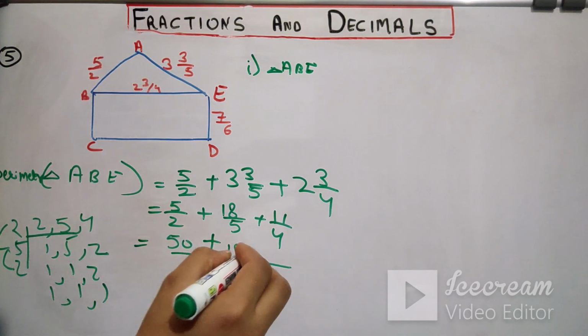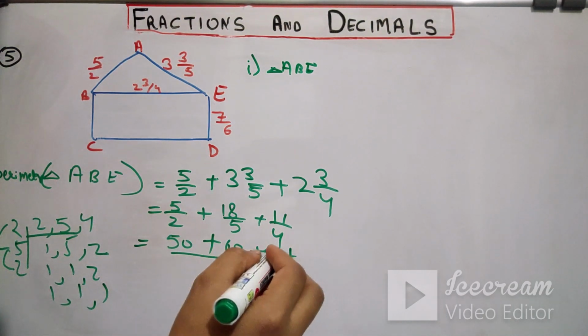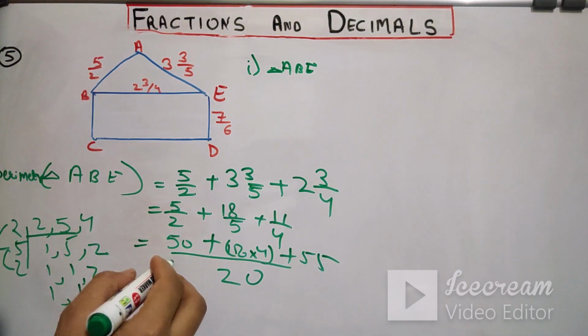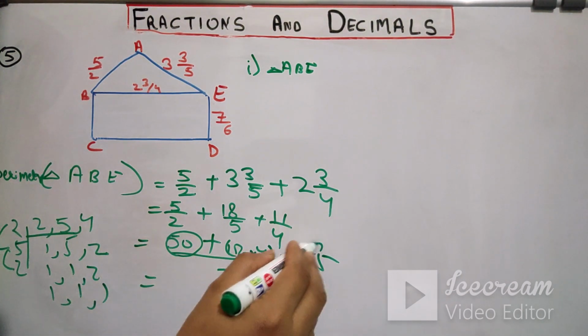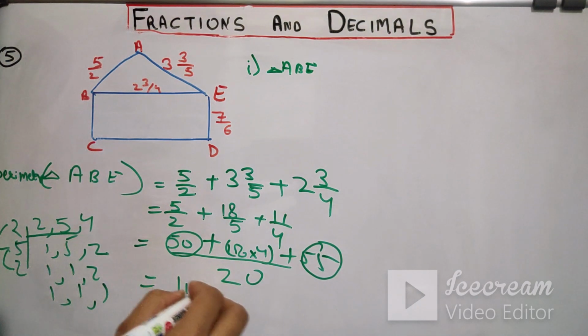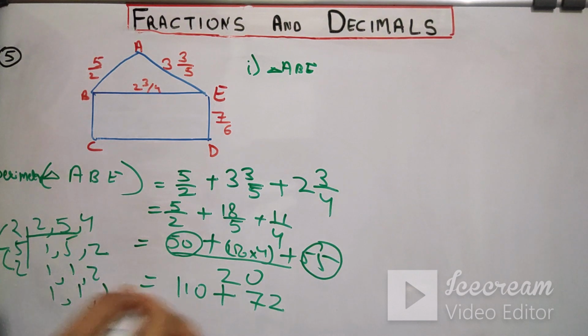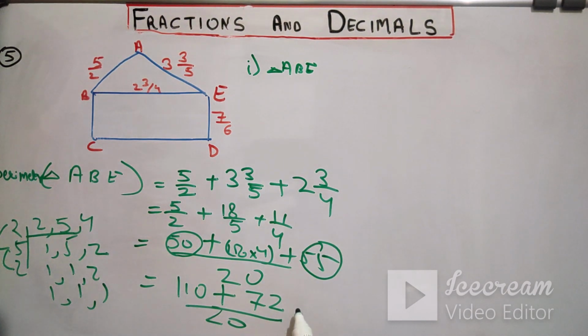18 multiplied by 4 is 72. Then plus 5 into 11 is 55. Okay, we can add these: 50, 72 and 55. We will get 182, over 20.